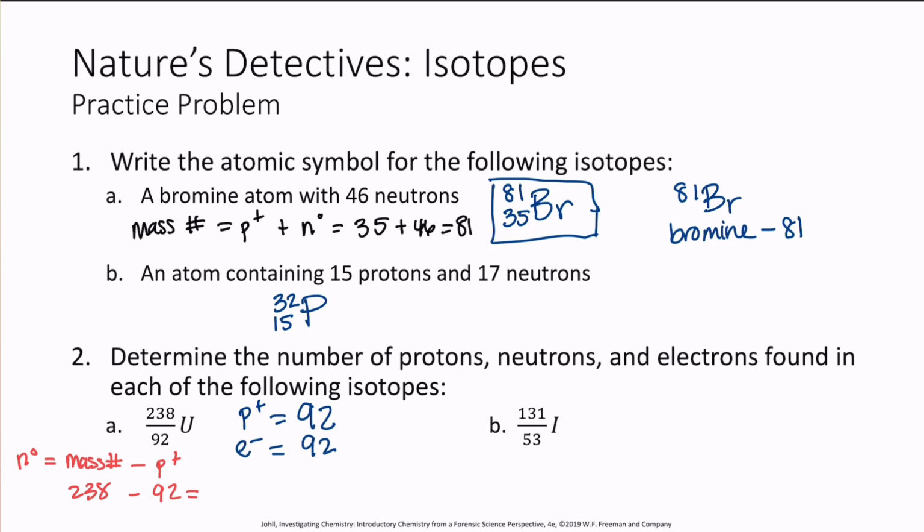If we take 238 minus 92, what do we get? Yes, we get 146. So the number of neutrons is equal to 146. Notice the number of neutrons is not equal to 238. Remember, that is your mass number.